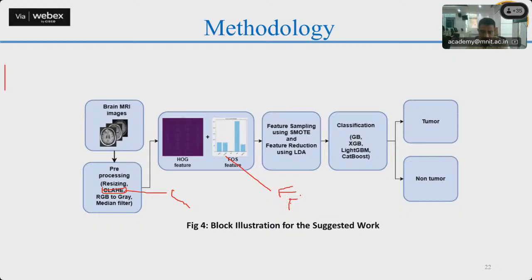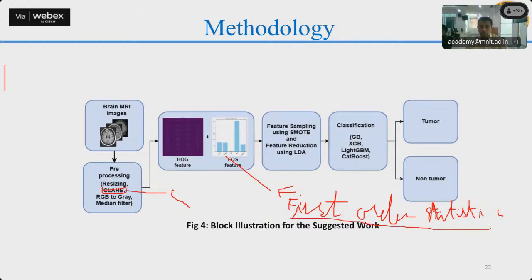This is basically the first order statistics, what we are saying here, so both we are basically using.